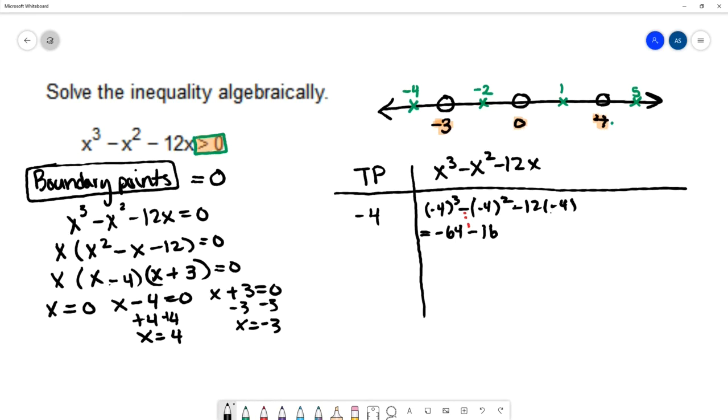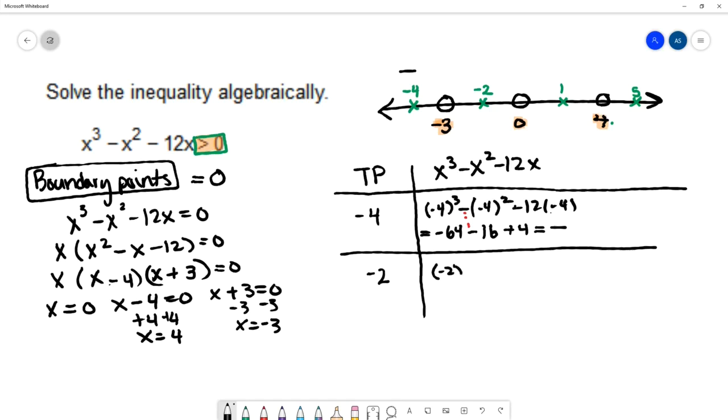And 12 times 4 is 48, and that's a plus 48. And so I can see that this is going to come out to be negative. So because that came out to be negative, that means that all of the y values in that interval are negative.